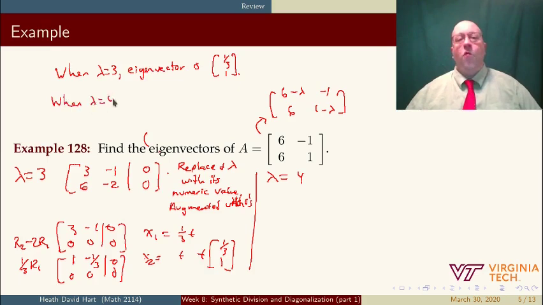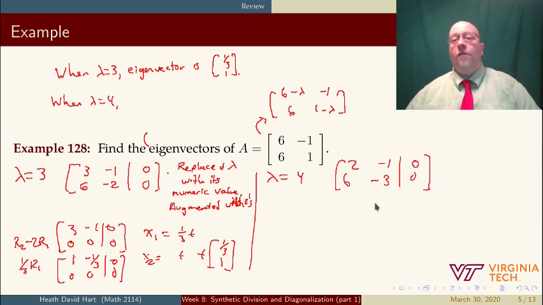When lambda equals 4, well, we need to figure that out. I'm going to do the same thing again. Replace lambda with 4. 6 minus 4 is 2, and 1 minus 4 is -3. Augment with zeros, and then row reduce. I can get rid of this 6 by taking row 2 minus 3 row 1. 6 minus 6 is 0. -3 minus -3 is 0. 0 is 0, 0.